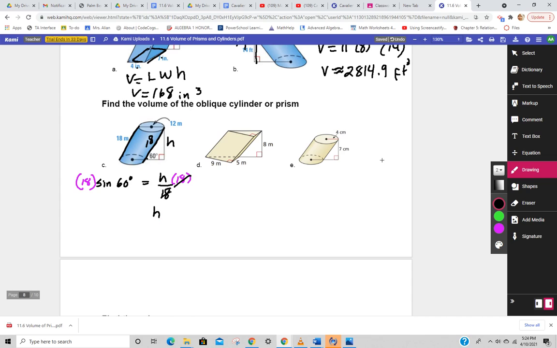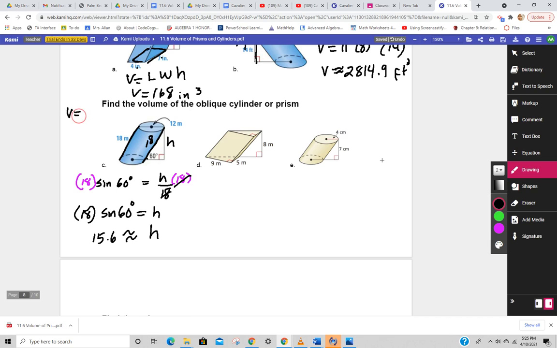So the height is 18 times sine of 60 degrees. So let's see what that is. 60 degrees sine times 18, that's approximately, so the height is approximately 15.6. We did not find the volume yet. We just found the height. Now we can find the volume.